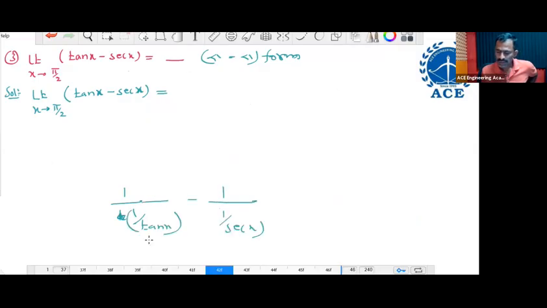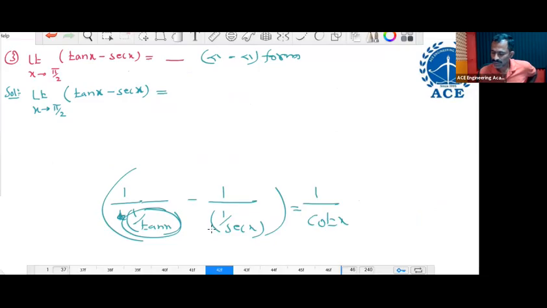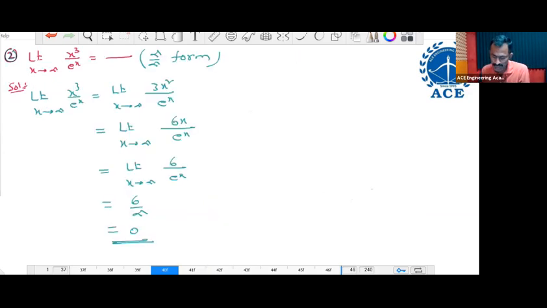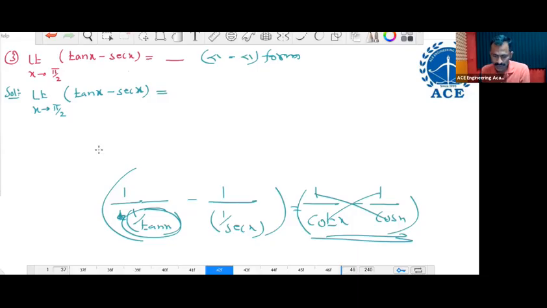So 1 by tan x is cot x, minus 1 by secant is cos x. Then we take the LCM, cot x into cos x, and simplify so that we get the 0 by 0 form, and then we apply the L'Hospital method. This is one method according to note point 2. But we are not doing it like this. It is a method only.